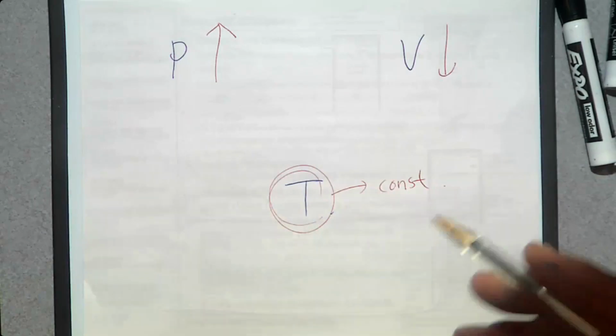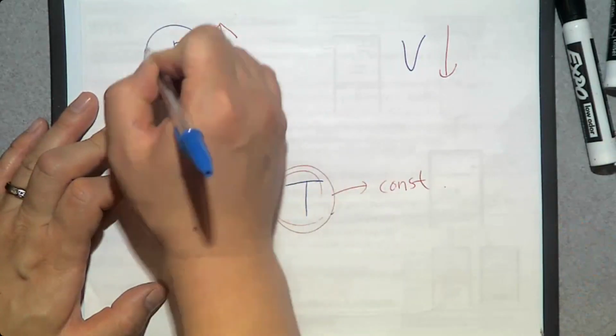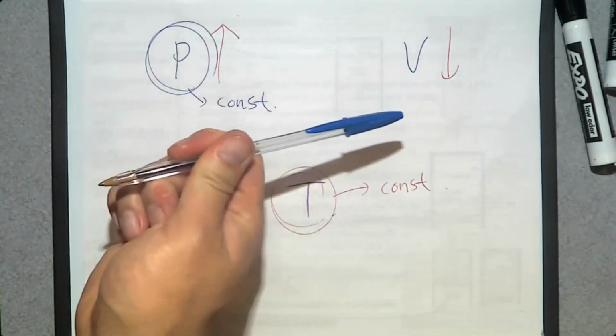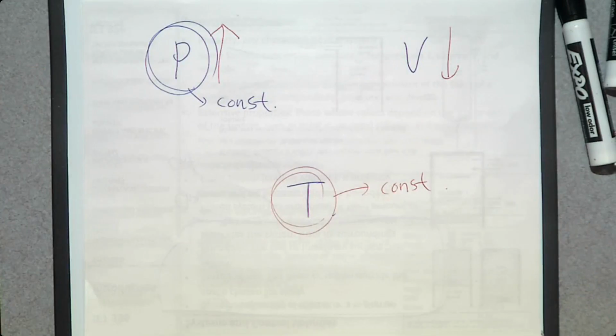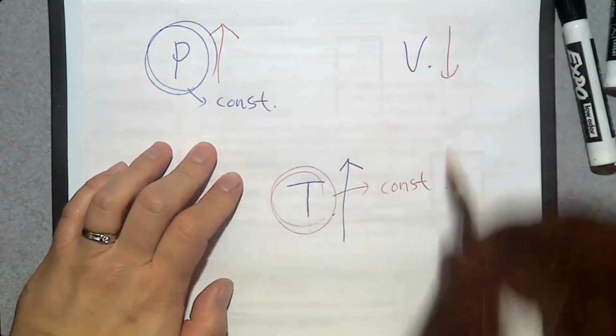What about if you maintain pressure constant? Now we are talking about this blue one. So red means constant temperature process: when pressure goes up, volume goes down; pressure goes down, volume goes up. Now the second one: when pressure is constant, if you increase temperature, what happened to the volume?